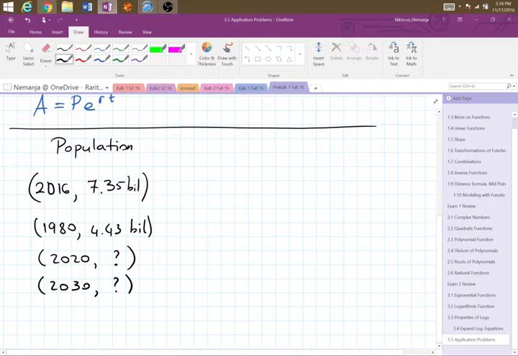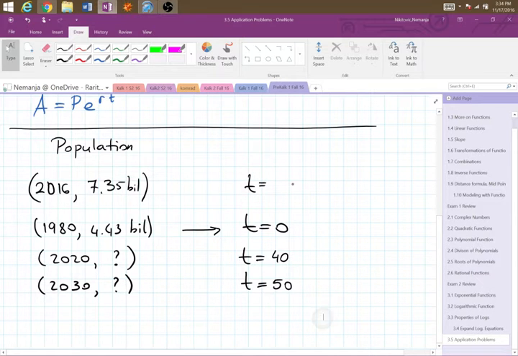So the lowest number we have is 1980, so we're going to set that to be t equals 0. If 1980 is t equals 0, then 2020 is t equals 40, and 2030 is 50. And how about 2016? 36. Yes.